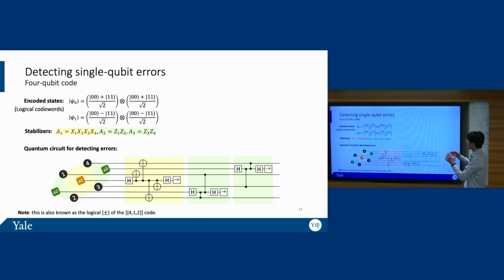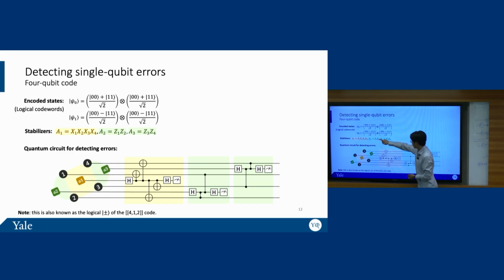More explicitly, the quantum circuit that detects errors now becomes a sequence of checks that acts on the 4 physical qubits using 3 separate ancilla qubits. As I was saying, it all follows the same projective measurement framework where you have the ancilla prepared and apply the Hadamard operation and some kind of control A. When A is defined by X bit flips, it's the control X, so the CNOTs, and then measure the ancilla.